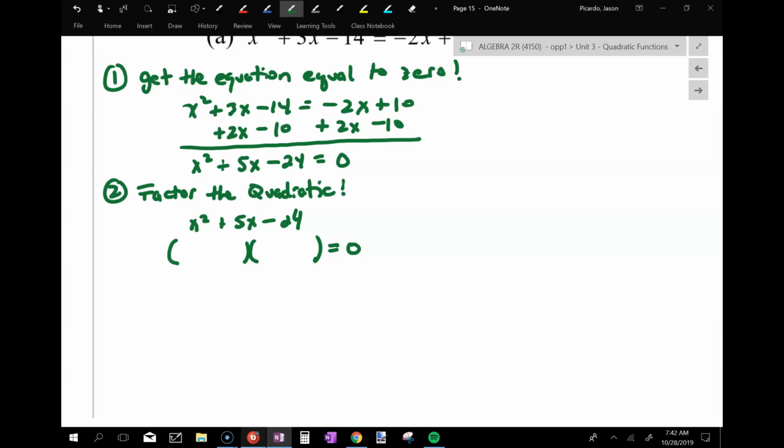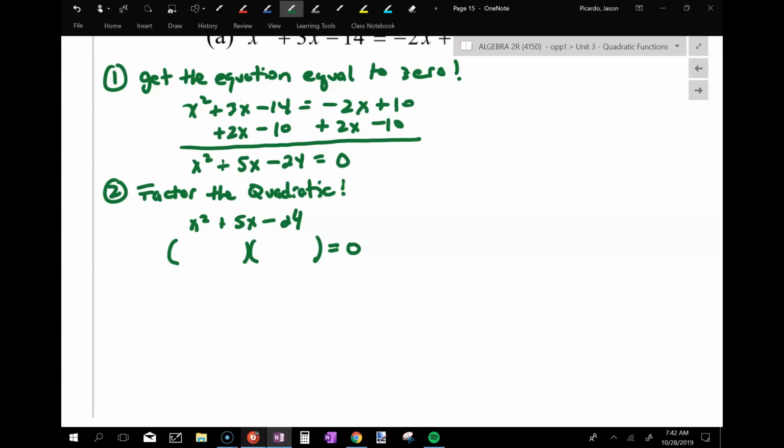What do you got, guys? Give me two numbers that add up to be 5 and multiply to be -24. So if you got to list them all out, great. If you got to go to Control T, great. But I need factors that give me -24 that add to be 5. All right. I hear an 8 and a -3.